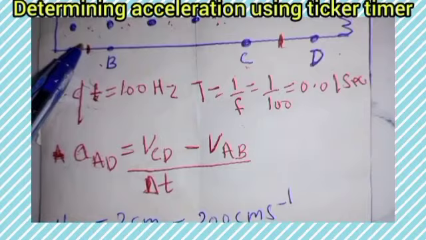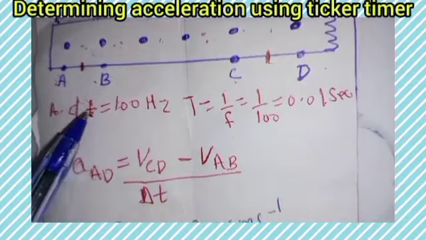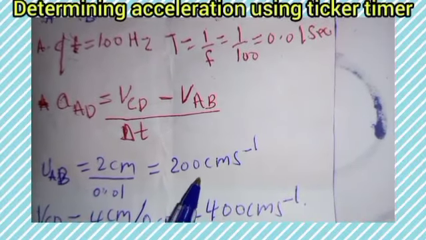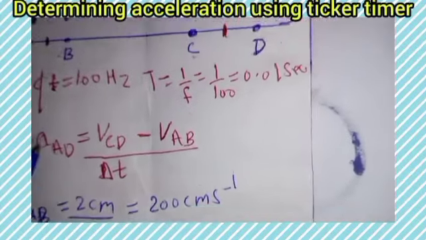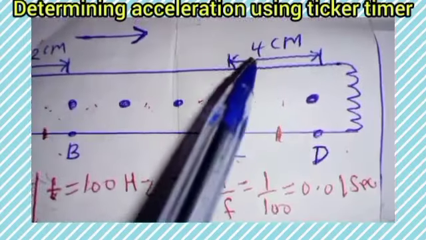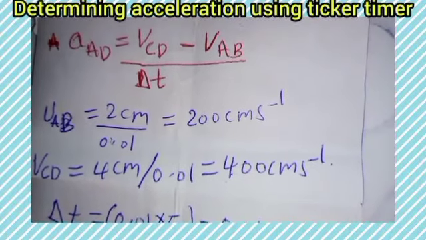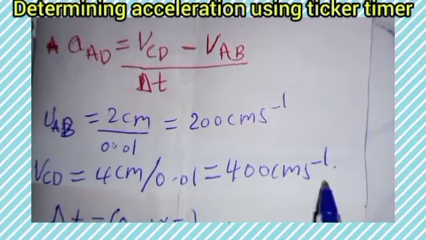So initial velocity will be given by displacement, which is 2 centimeters, divided by 0.01 to give you 200 centimeters per second. Final velocity is also given by displacement, which is 4 centimeters, divided by time here to obtain 400 centimeters per second.